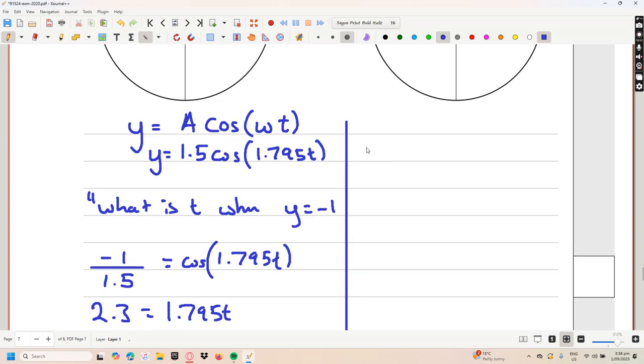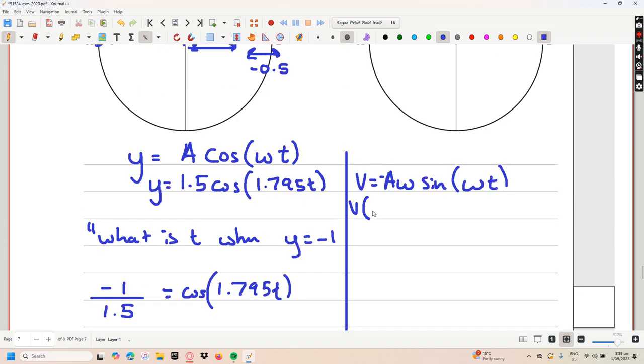And then you look at the formula sheet again and you'll find velocity is equal to negative A omega sine omega t. This comes from differentiation. If you know differentiation, you'll see immediately why that is. And then you ask, what is the velocity at 1.28 seconds? Well, that's just negative 1.5 times the angular frequency times the sine of 1.795 times that time, which is 1.28.